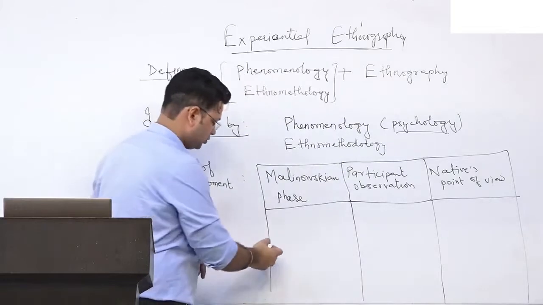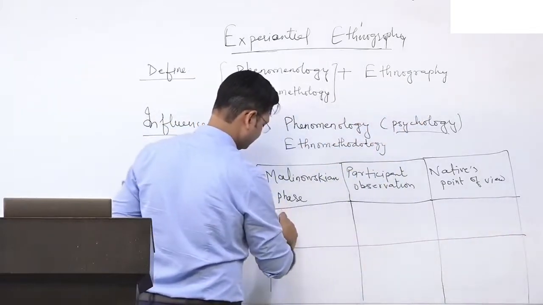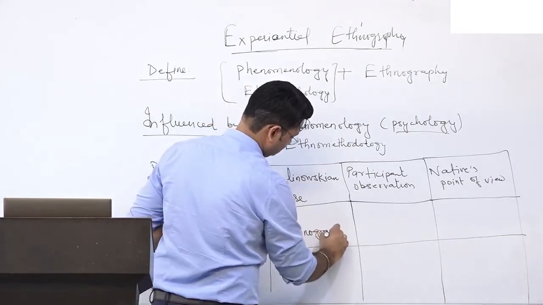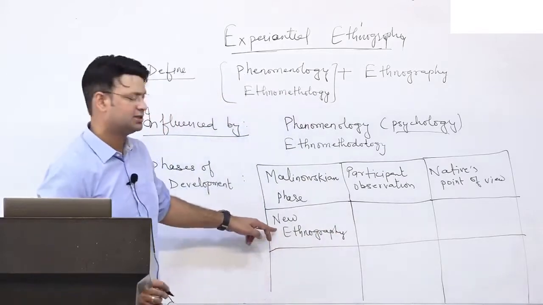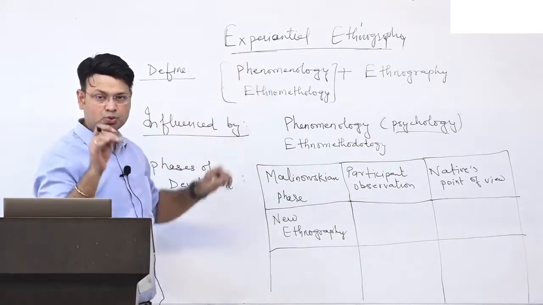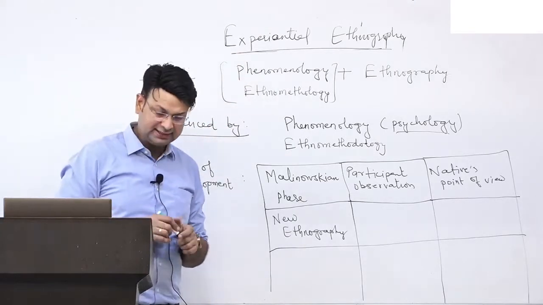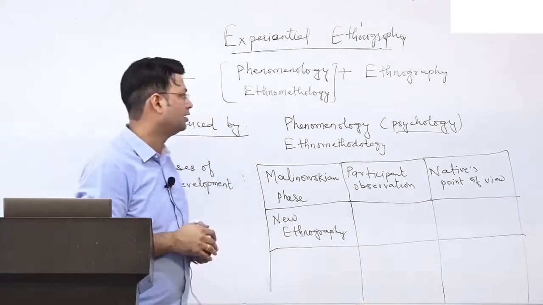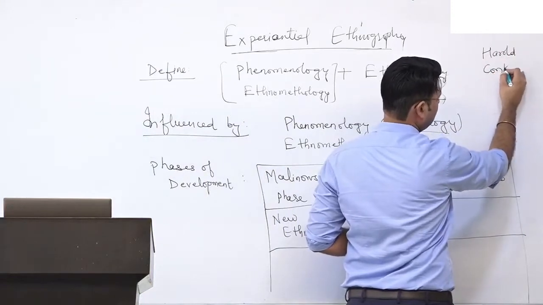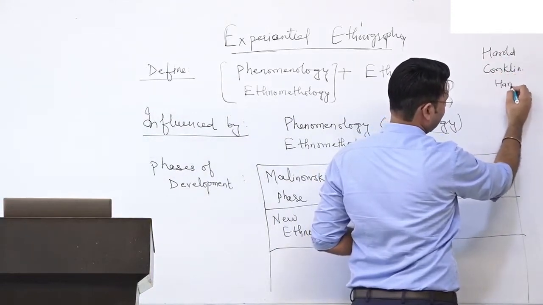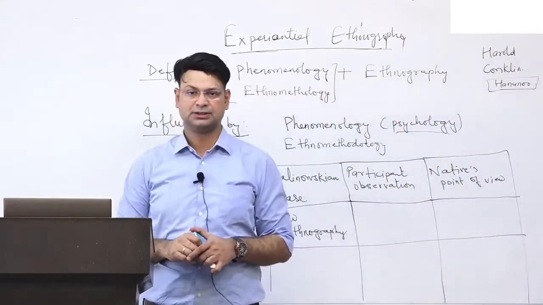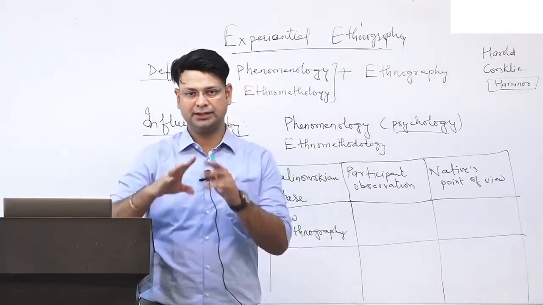The second phase, you can say, is the phase of new ethnography. And here we are truly going to this approach of experiential ethnography, because Harold Conklin studied the Hanunu people of the Philippines. He found that Hanunu people perceive color differently from English speakers.